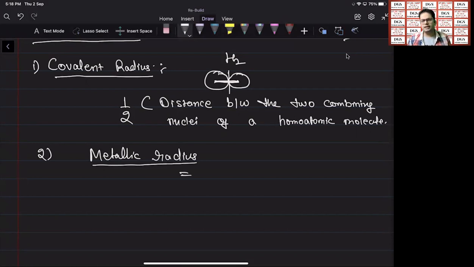As we know, metallic atoms combine together to form a pretty hard crystal lattice. You will come to know about this term crystal lattice in your class 12th when we study the important topic known as solid state. But for the time being, metallic radius is again half of the distance between the two combining nuclei of these metallic atoms in a crystal.